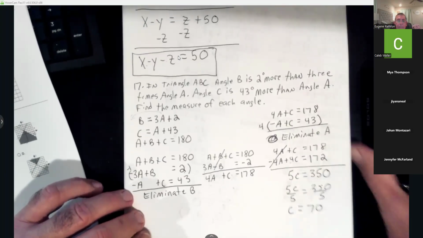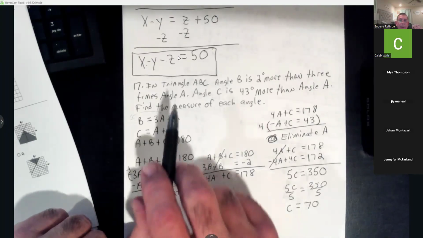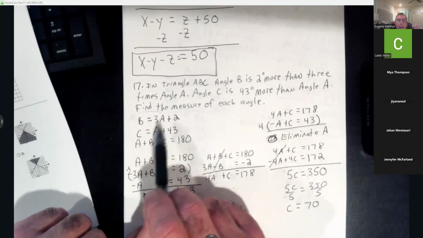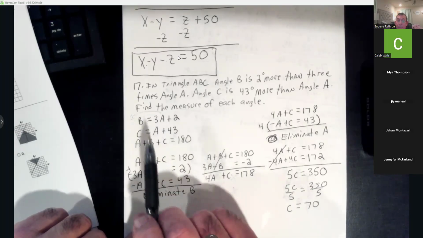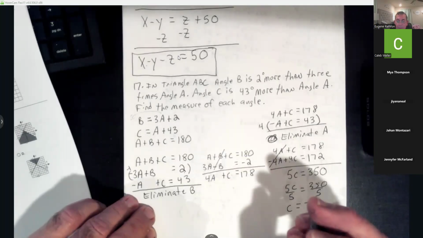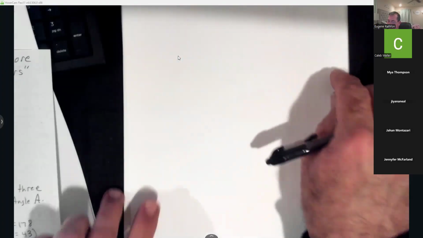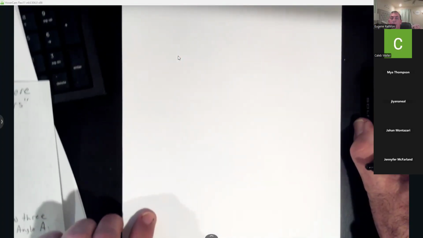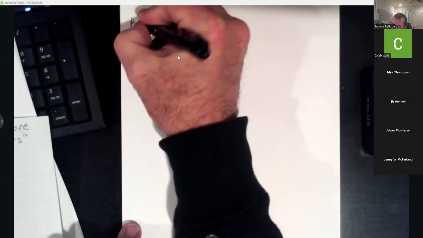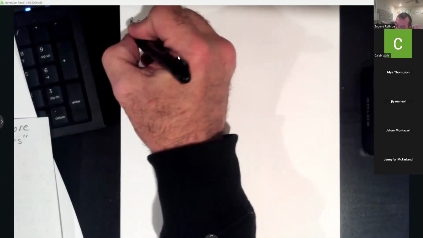All right. Now, since I know C, I can get A really quick because I know C. Once I know A, I can plug in there and get B really quick. So let me get this A right here by plugging in for C, which was 70. All right, y'all, so I'm going to back substitute. So C was 70.